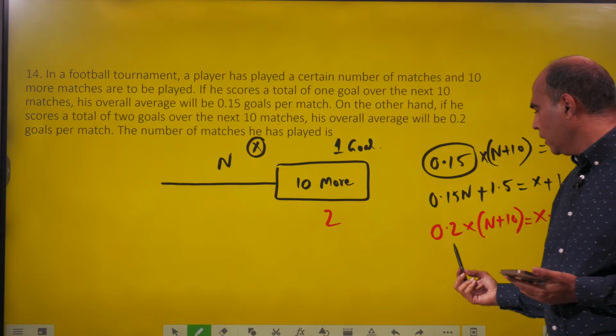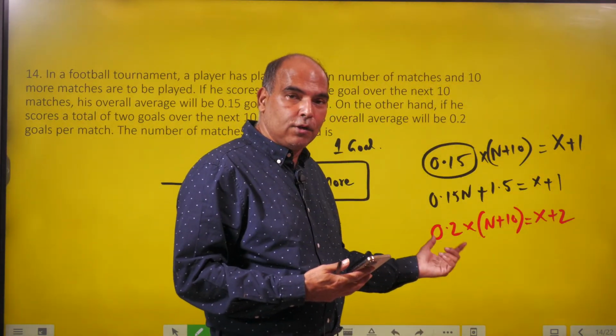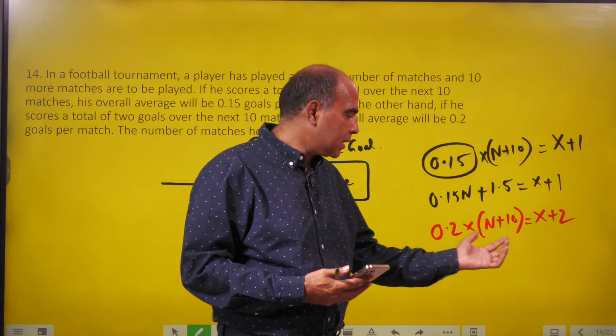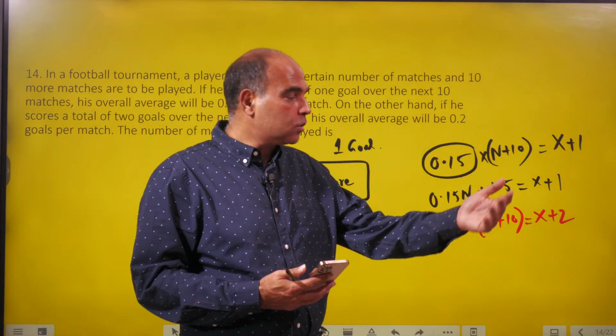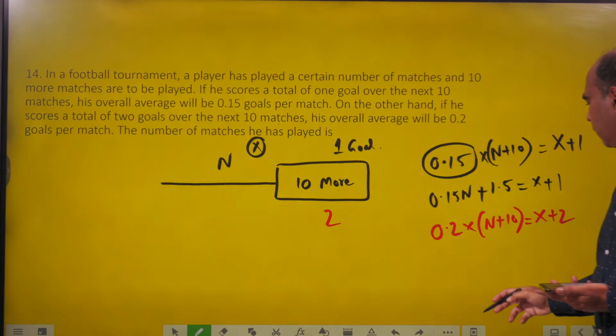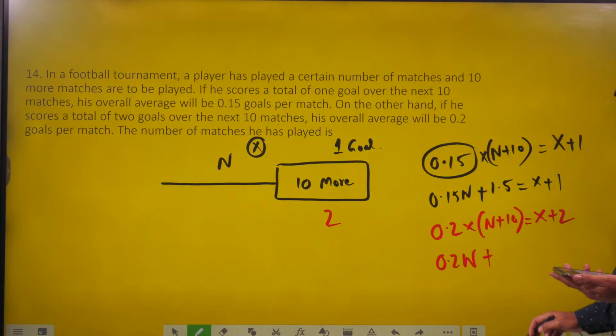What we are using is goals per match given to us as the average. N plus 10 is the total number of matches he's played. N plus 10 into 0.2 gives me the number of goals. Number of matches into goals per match gives me the number of goals scored. So this equation tells me 0.2n plus 2 is equal to x plus 2.